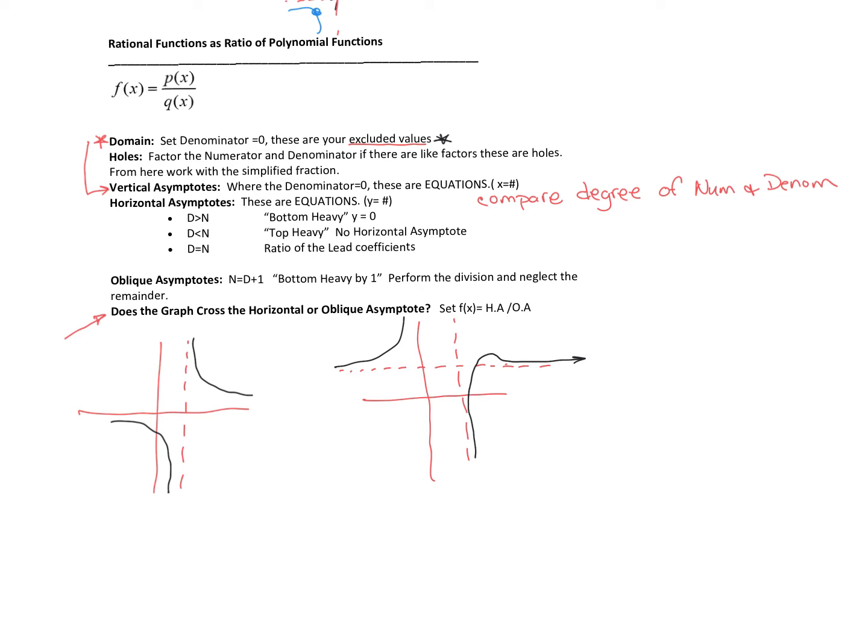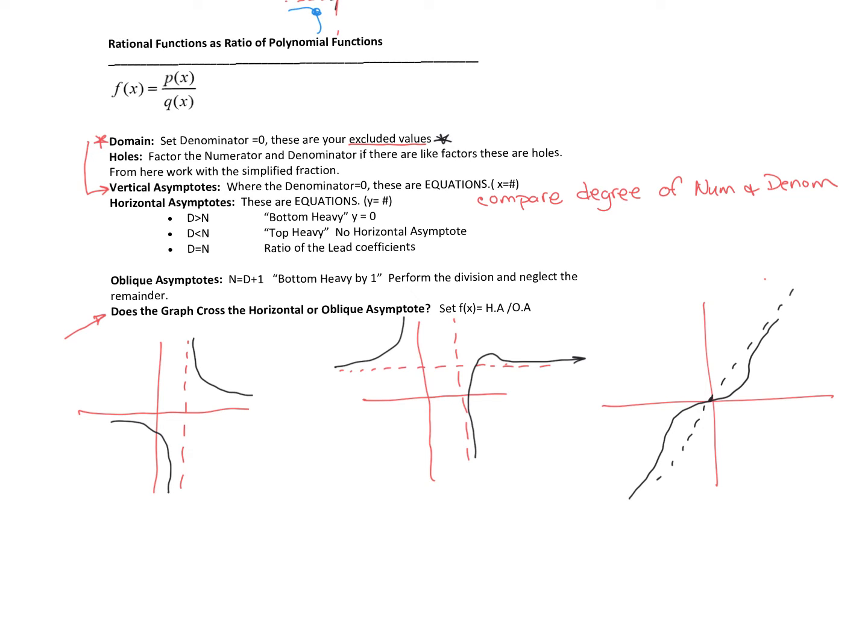And similarly, if you have an oblique asymptote, so let's say we have an oblique asymptote like this, we might have a function that crosses and looks something like this. So it actually may cross that oblique asymptote.